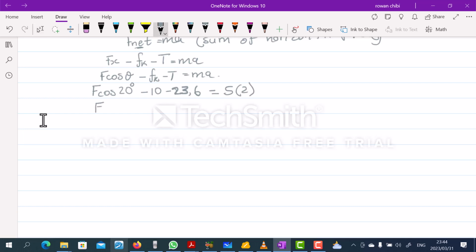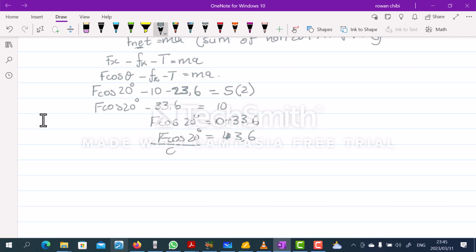So we have F cos 20 degrees minus 10 minus 23.6, I think, is minus 33.6. 5 times 2, that's 10. Then F cos of 20 degrees is equal to, now we take that 33.6 which was negative on the left, we put it on the right, it is going to be positive. So it's going to be 43.6.